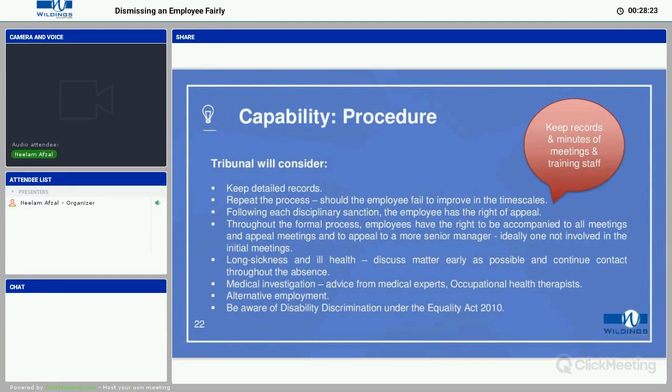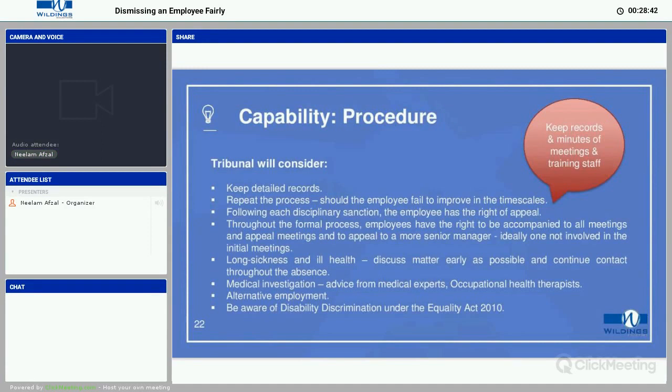Don't nag them, but good, reasonable contact is recommended. Look at a medical investigation, look at getting reports from medical experts and occupational health therapists, and consider any alternatives and any recommendations made by medical treatment providers if the employee is unable to return to that particular role.